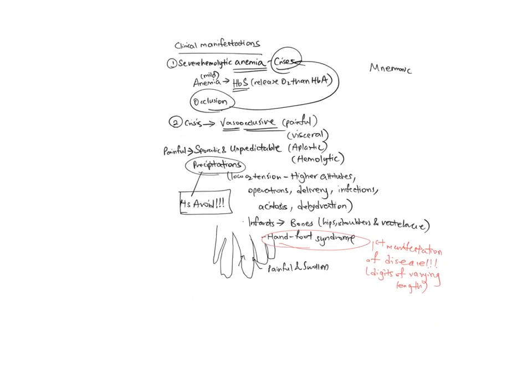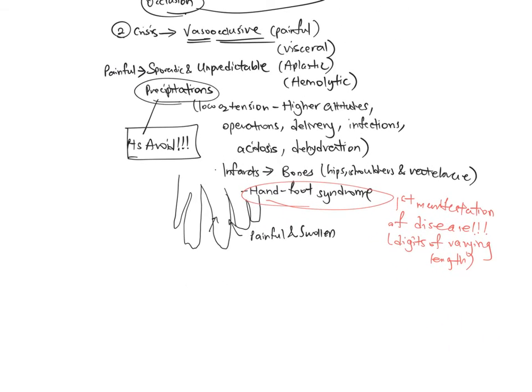It could also affect the visceral organs as well. One of the most common organs that's affected is the spleen. When the spleen microvessels are being occluded, it could actually result in infarction of the spleen.